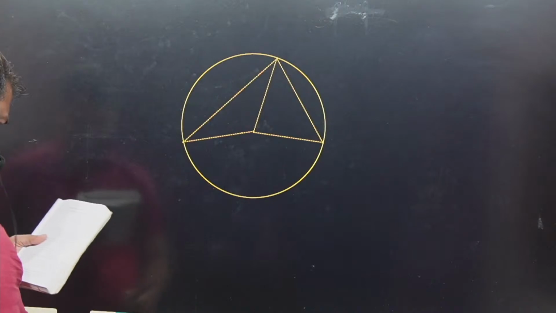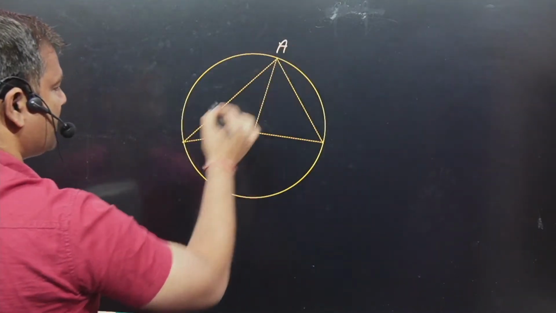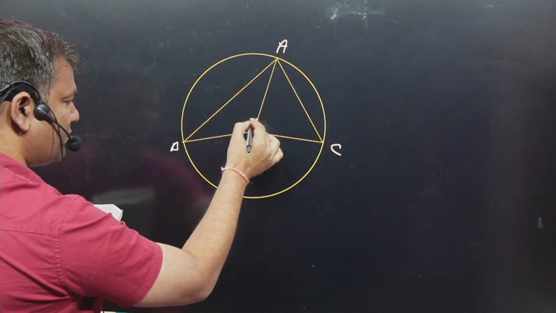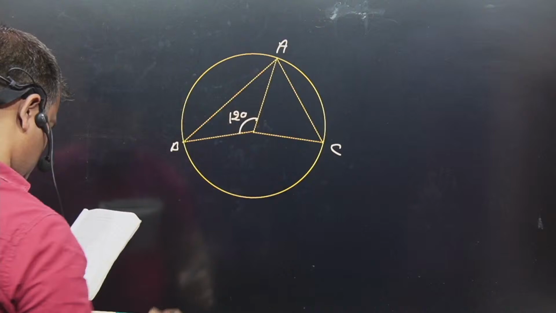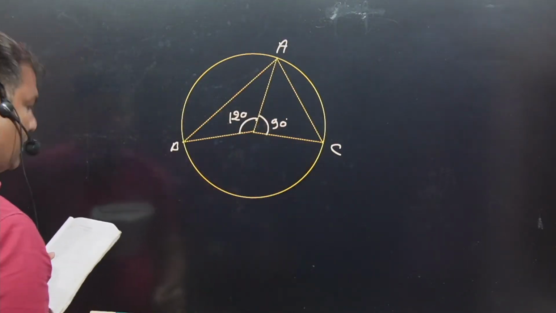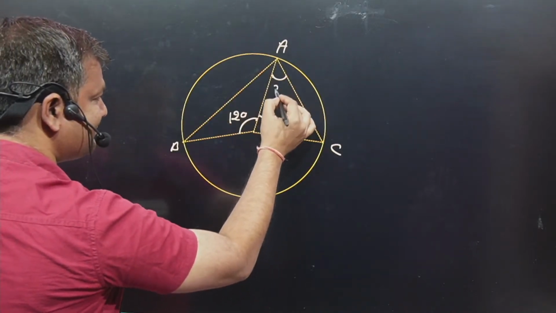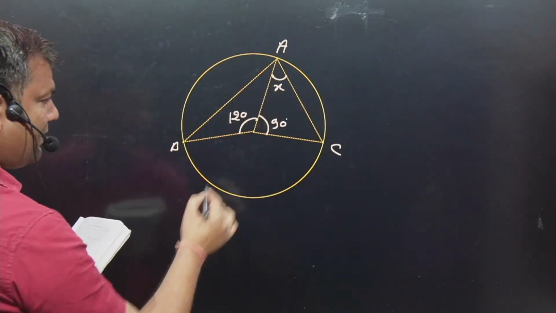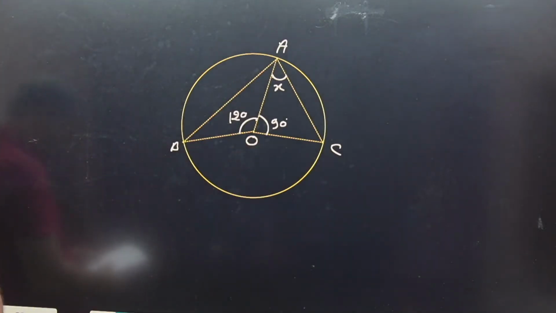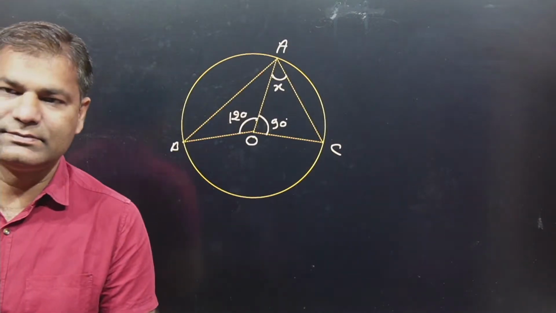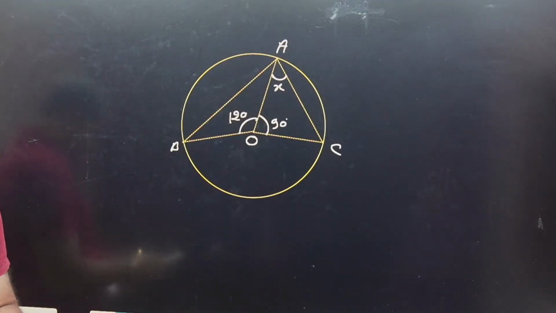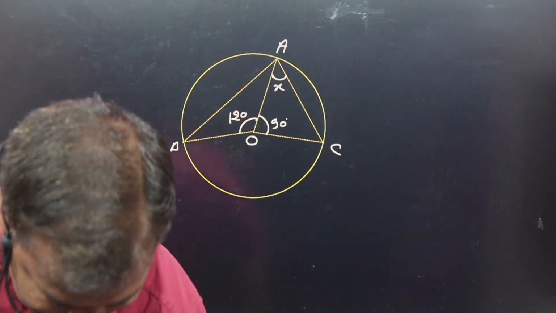Here A, here B, and here C. This one is 120 degrees, and that one is 90 degrees, and that one is X. And O is the center of the circle. So our target: how can we determine X? You can try first, then after that I will do it.